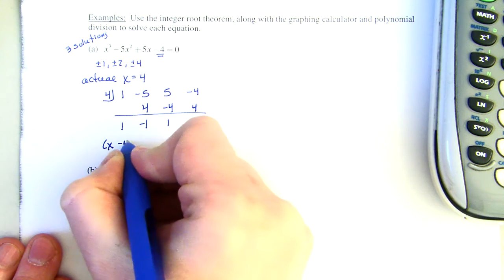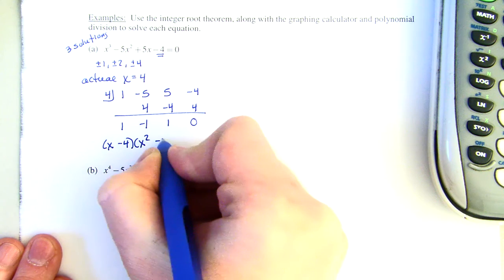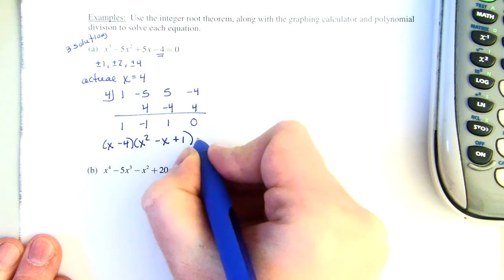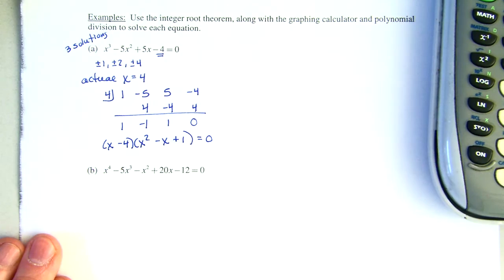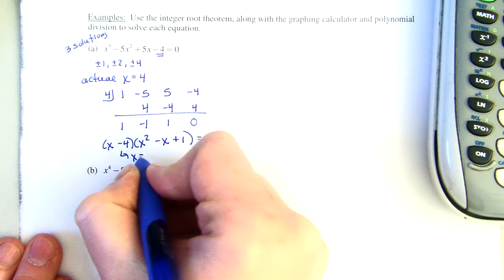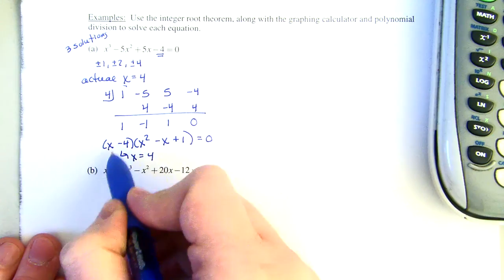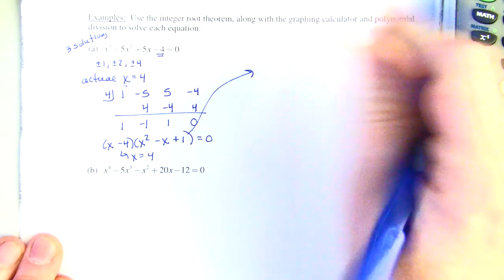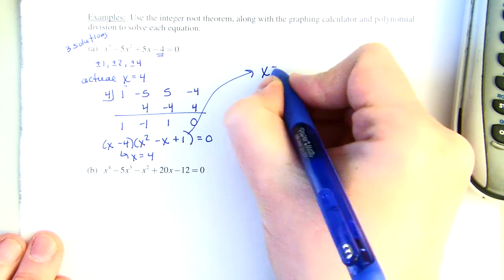So this is x minus 4 times x squared minus x plus 1. Clearly x equals 4 is an answer because I already came up with that one. That's how I created my factor. But as for the other piece, I need the quadratic formula.